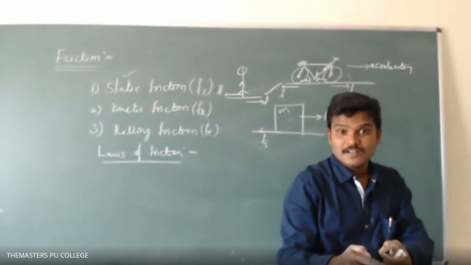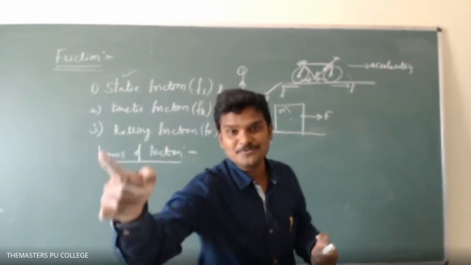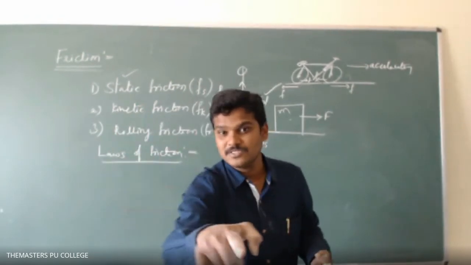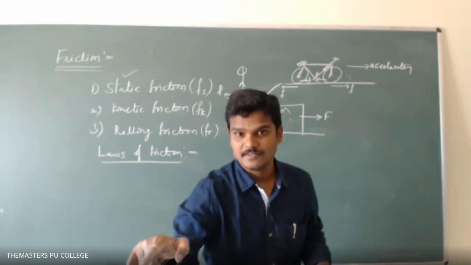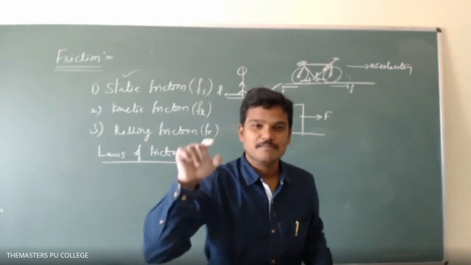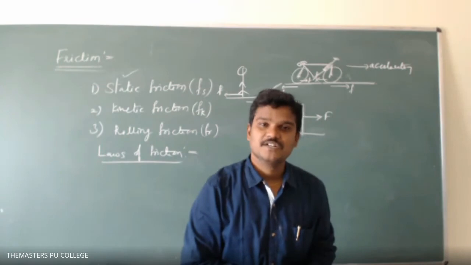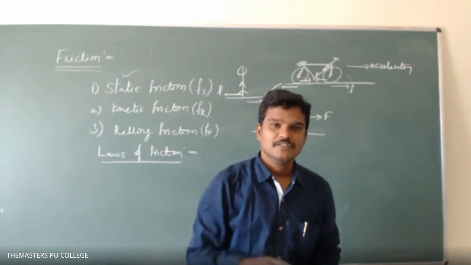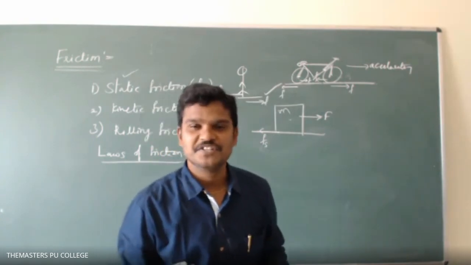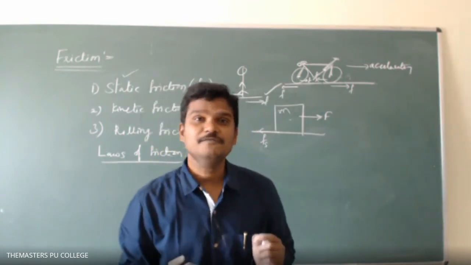But you have some maximum value of static friction. How much is the maximum value? Just now I gave the number 10. You have a maximum value of static friction, something like 10, for example. The maximum value of static friction, we can call limiting friction. So keep in mind, the maximum value of static friction we call limiting friction.